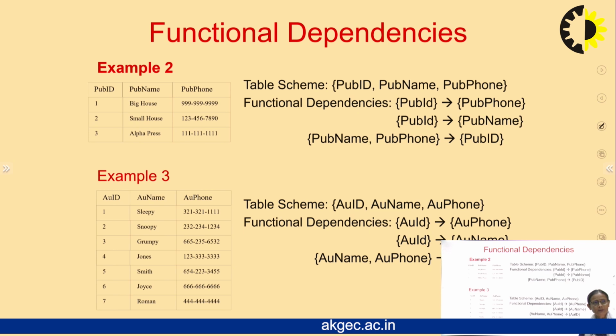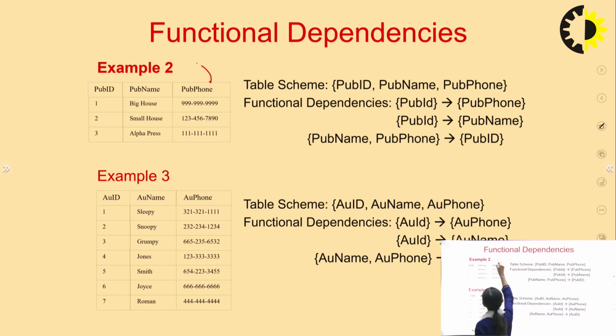Another example: we have publication ID, publication name and publication phone number. Here, if I try to find the dependencies, then the publication phone number is dependent on the publication ID. Similarly, publication name is also dependent on publication ID.